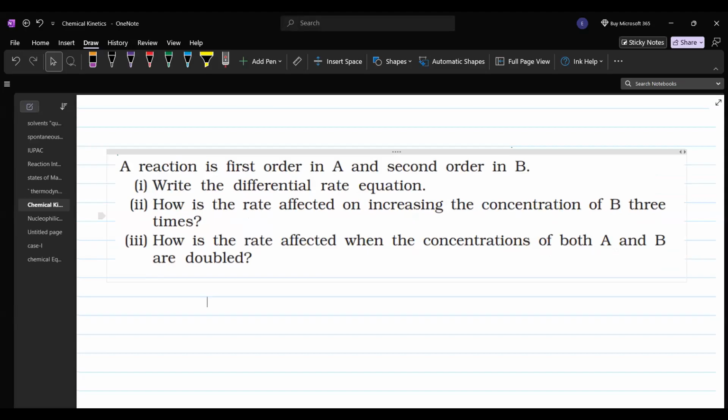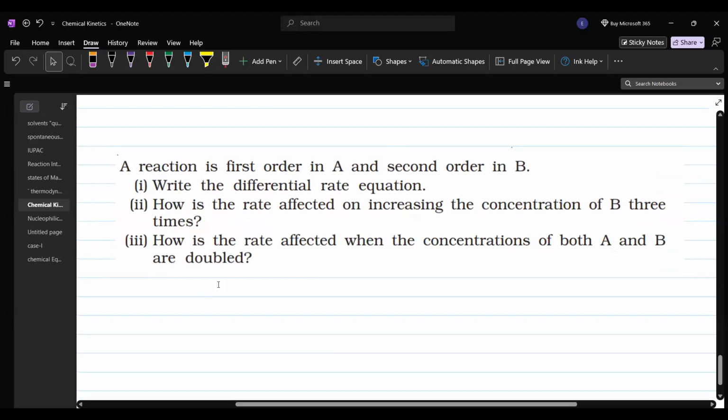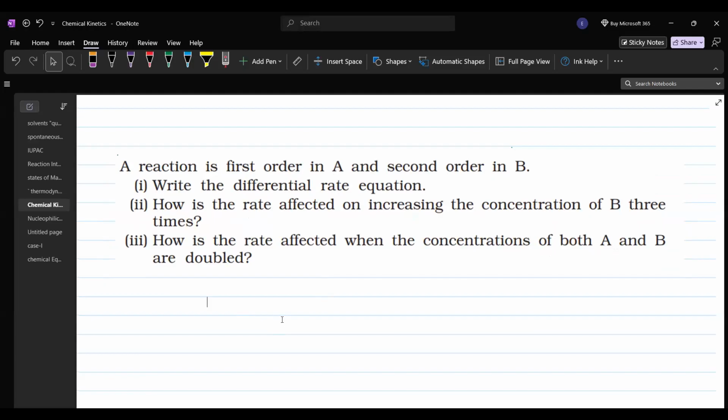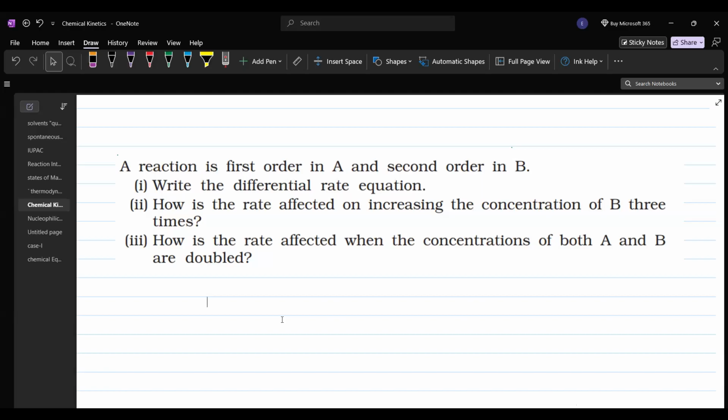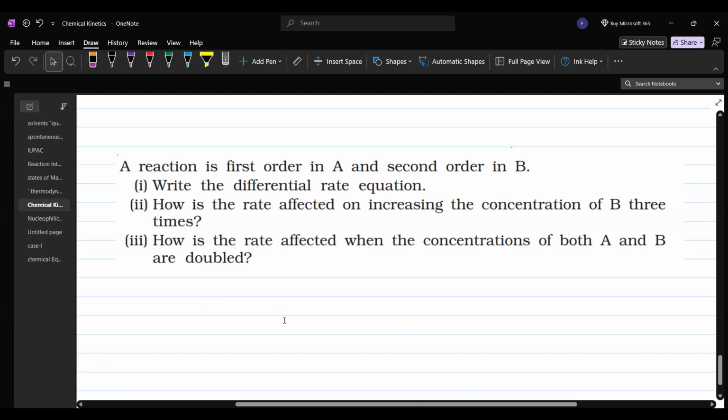A reaction is first order in A, and second order with respect to B. This is already given. We have to find the differential rate equation, or rate law expression, the mathematical rate equation. Second, how is the rate affected on increasing the concentration of B 3 times? Let's try one by one.